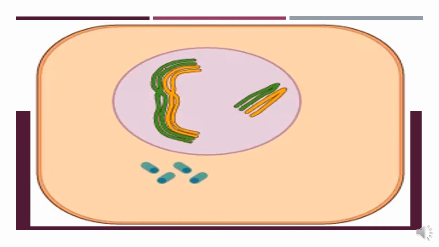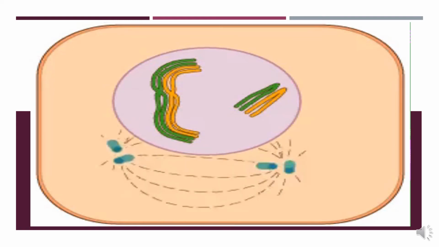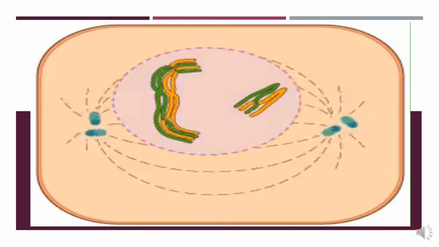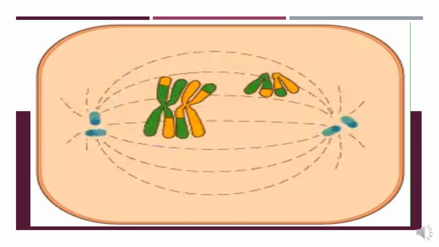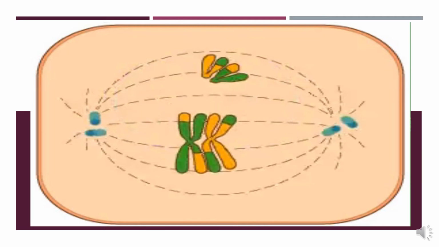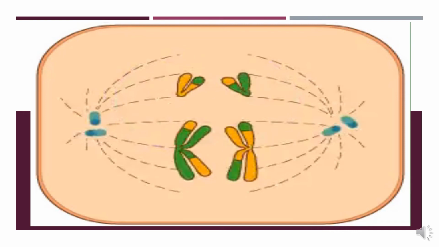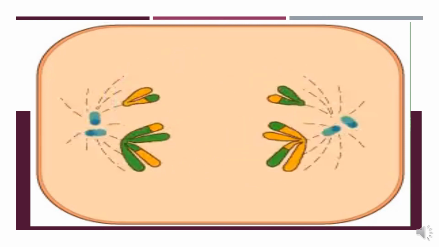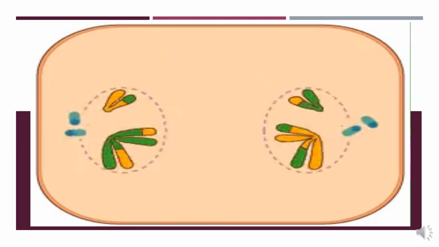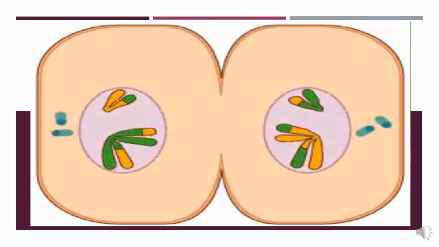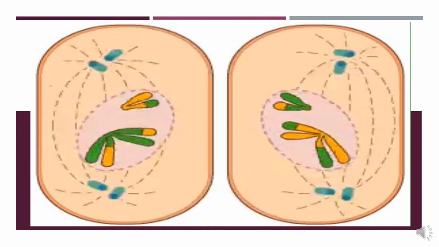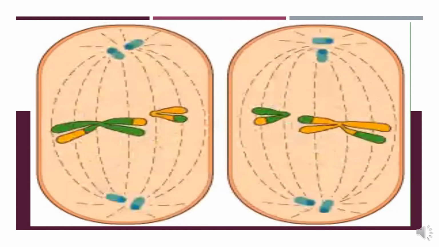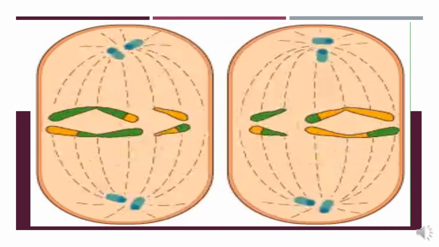So let us see how it takes place. The same process starts: nuclear material, chromatin material gets arranged in the form of chromosomes. DNA replication takes place. Centrosomes help to prepare the spindle, and later on the nucleus divides into two parts, and this is the first division in which two cells are formed, but here the number of chromosomes is the same.